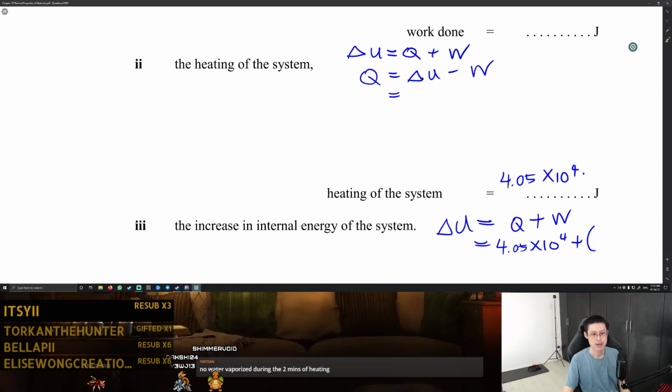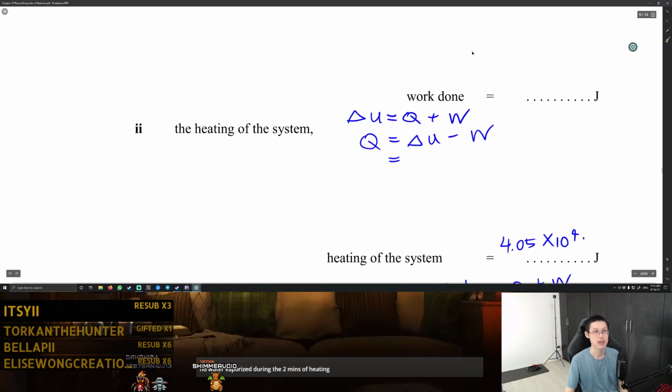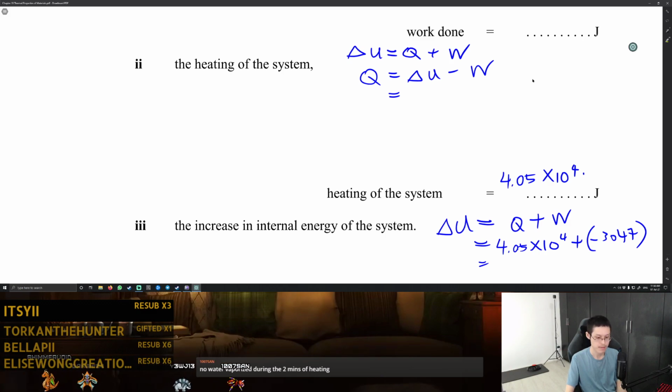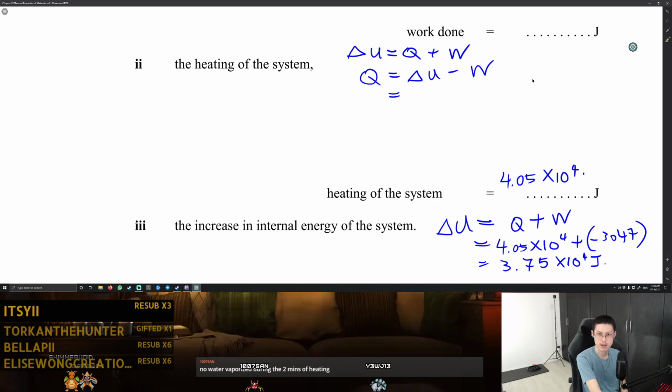So this one should be negative, whatever we got earlier, which was 3047. Now I'm going to put that into the calculator, and you get 3.75 times 10 to the power of 4 joules. And done.